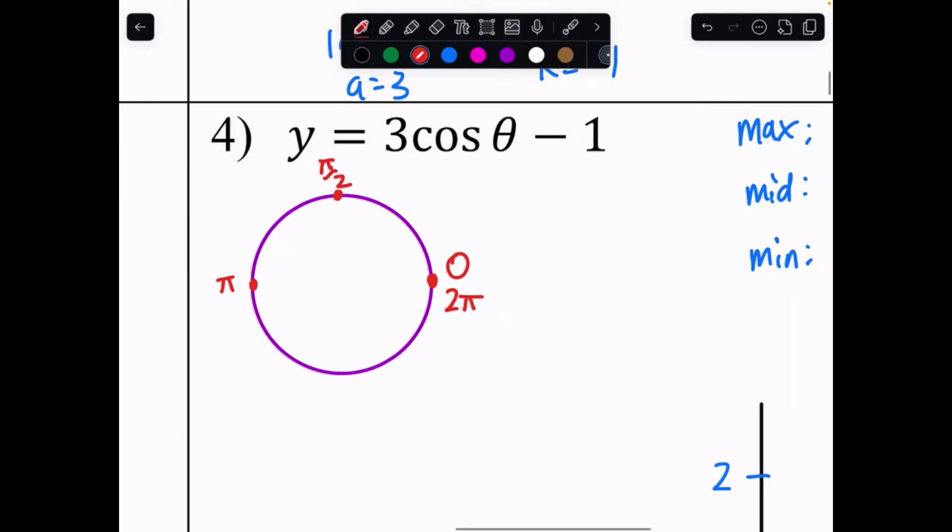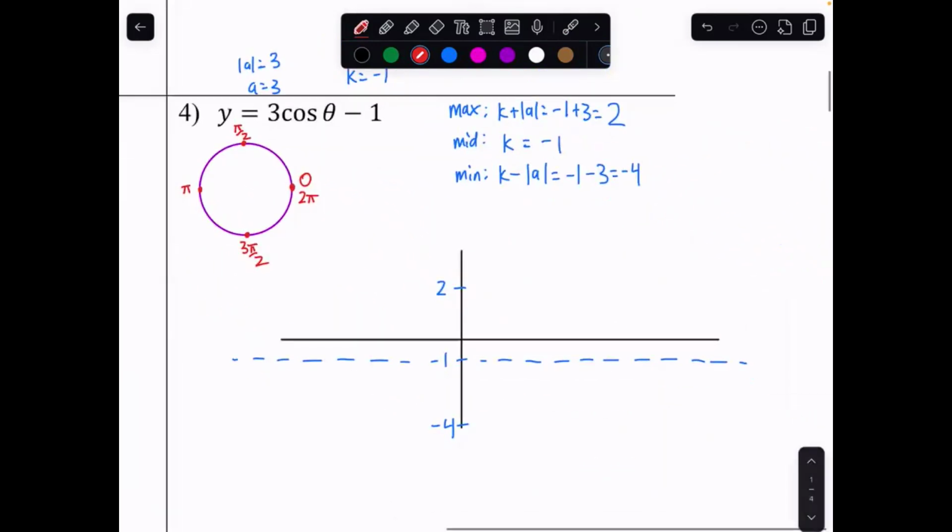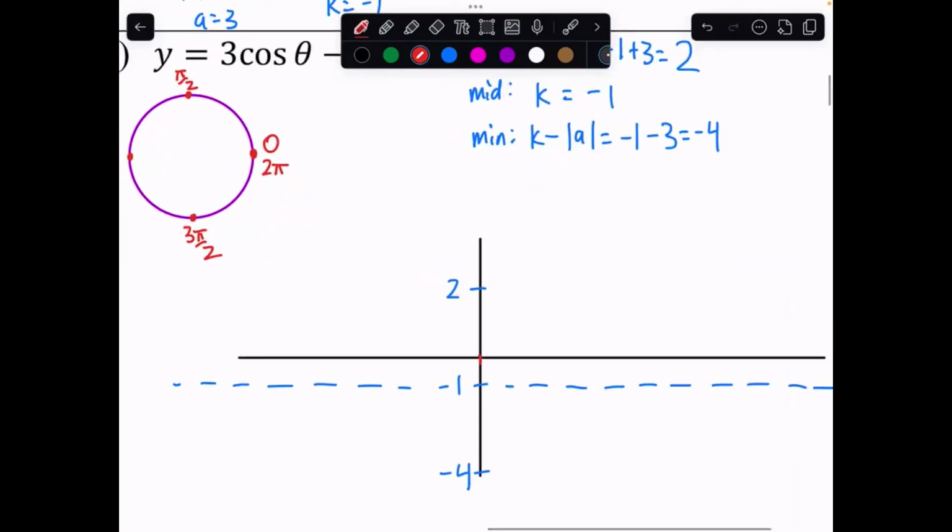Halfway through the second half, so 3 around, is 3 pi over 2. Okay, so let's go ahead and label those angles on the horizontal axis. Okay, angle 0, angle 2 pi, angle pi, pi over 2, 3 pi over 2.